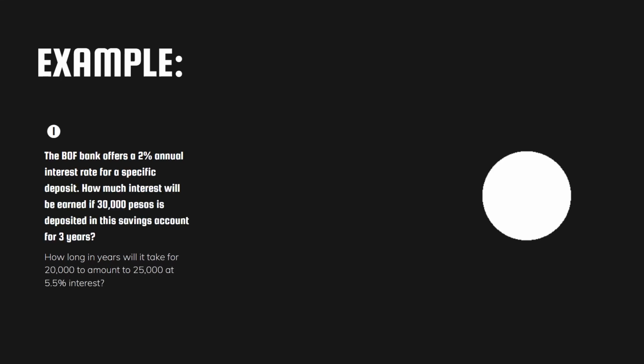The BOF Bank offers a 2% annual interest rate for a specific deposit. How much interest will be earned if 30,000 pesos is deposited in this savings account for 3 years? How long in years will it take for 20,000 to amount to 25,000 at 5.5% interest?